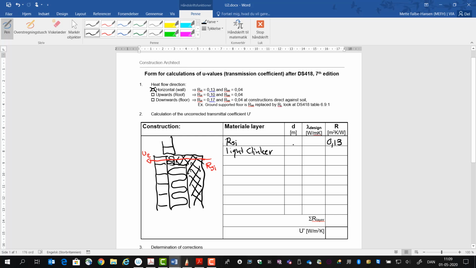Then the next we meet is the light clinker. And that had a thickness of 0.27, and we had a lambda value of 0.17. So that gives us a resistance of 1.588. And then we have the insulation.